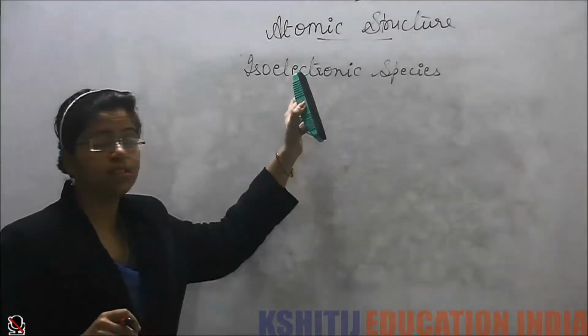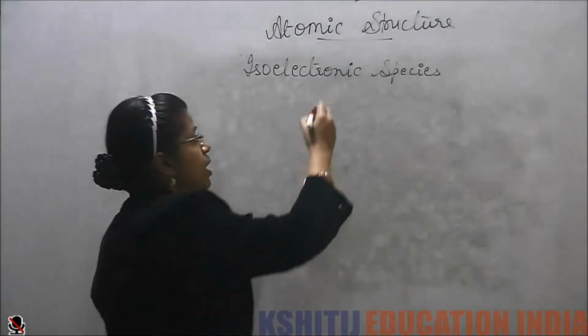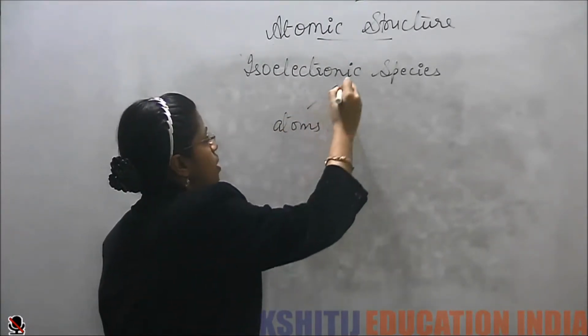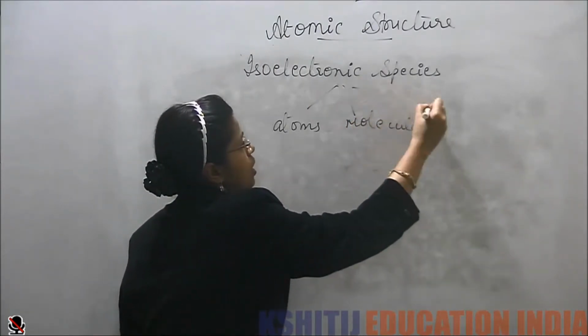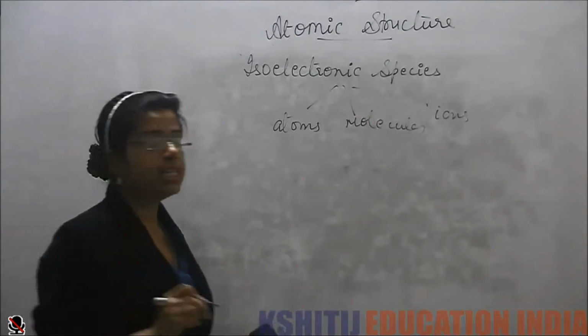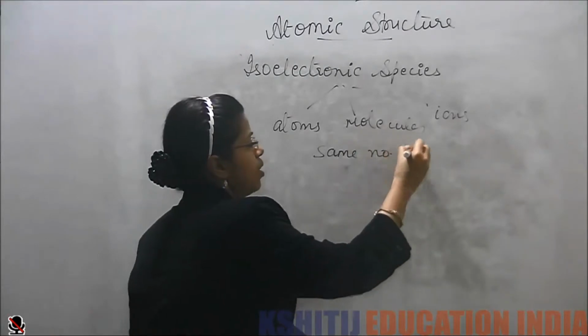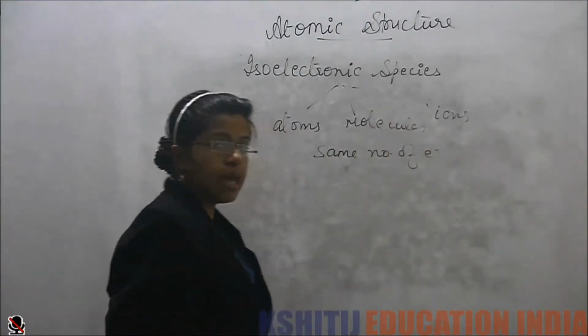Remember, it does not consider only atoms. It could be atoms, it could be molecules, it could be ions, anything. But they should have the same number of electrons in them.